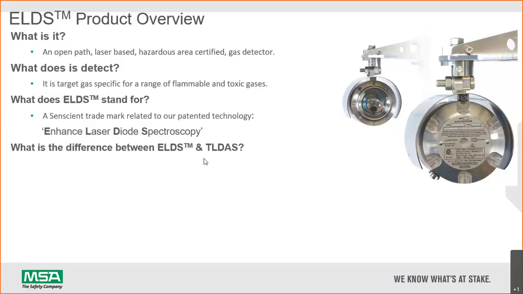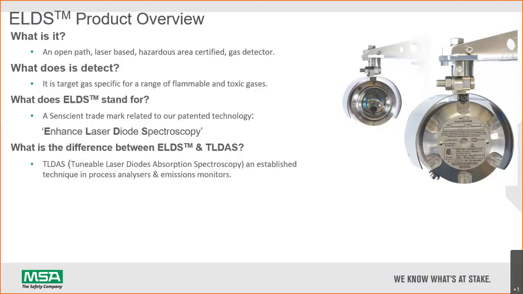And what is the difference between ELDS and TDLS, which was used earlier? TDLS is what was used traditionally in the process analyzer much before ELDS was developed in the market for gas detection. But that was mainly used for process control application under a controlled environment.